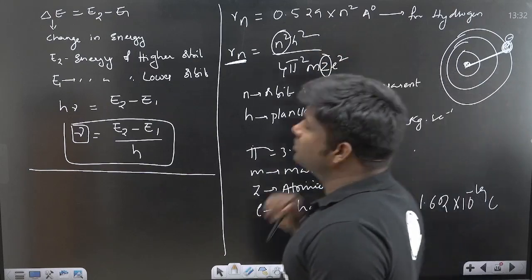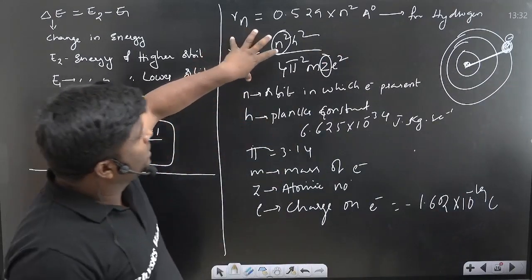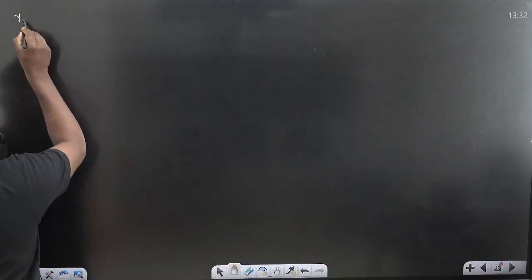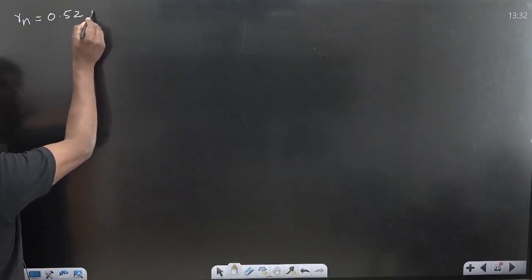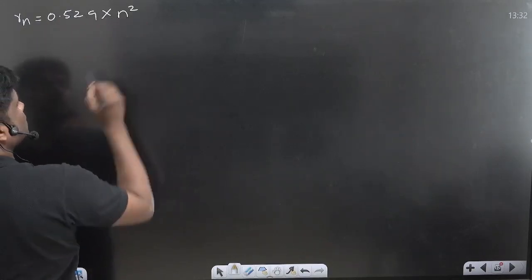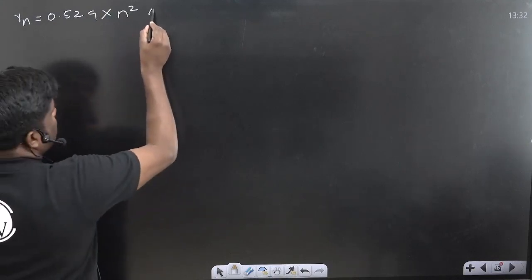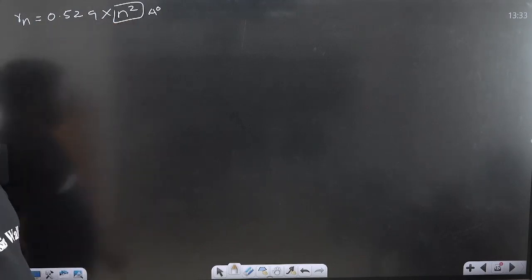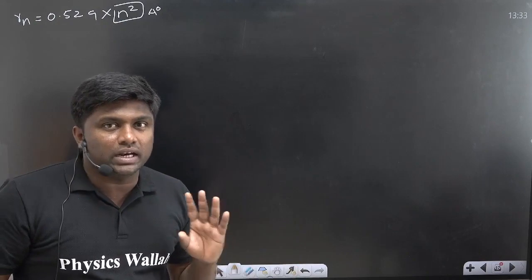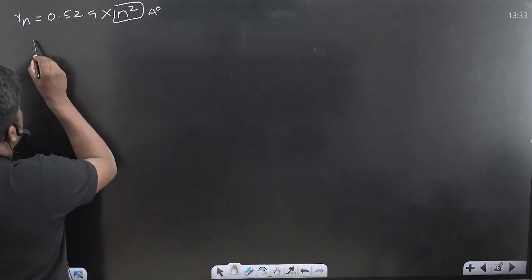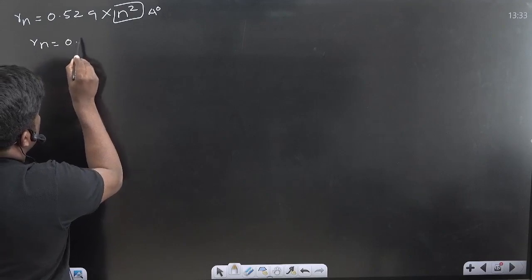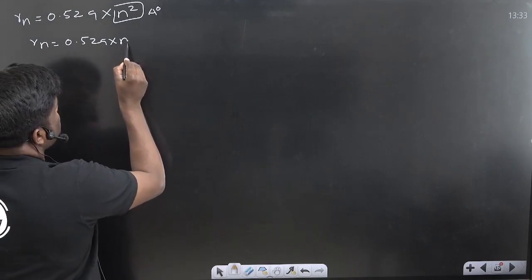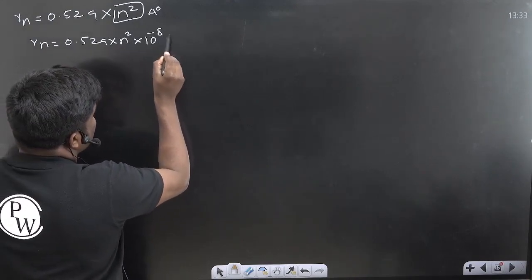If you put all these values in this formula, you will be getting the radius of nth orbit as 0.529 into n square angstroms. n is the orbit in which the electron is present, and Rn is equal to 0.529 into n square into 10 to the power minus 8 centimeters.